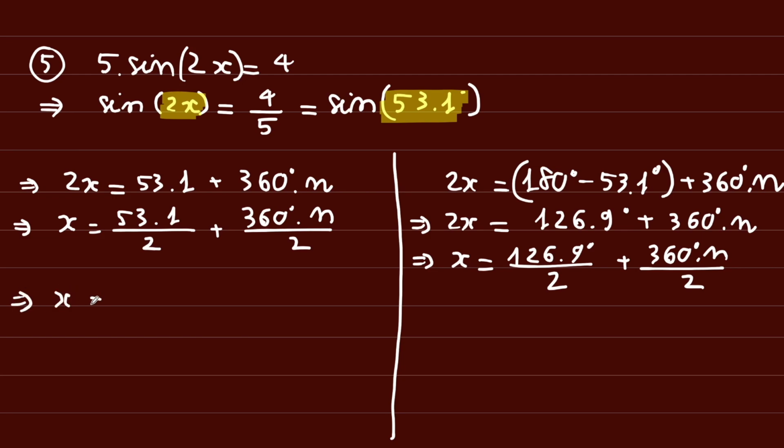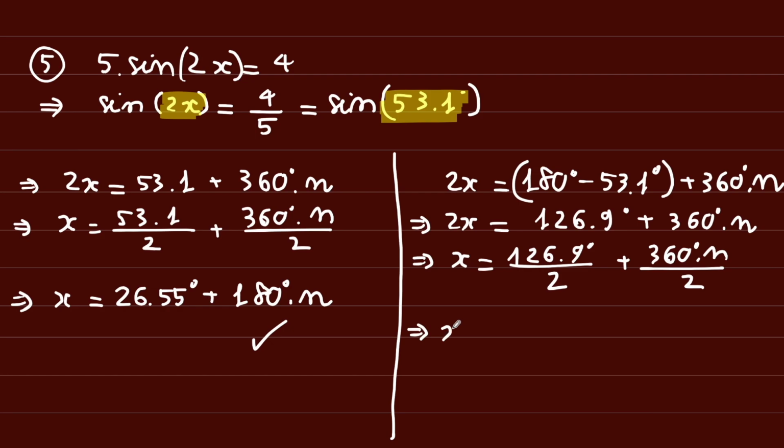Okay, and now how about 53.1 divided by 2? The new value will be 26.55 degrees, and for this case it is quite easy, 180 degrees multiplied by n. We finished the first general solution.